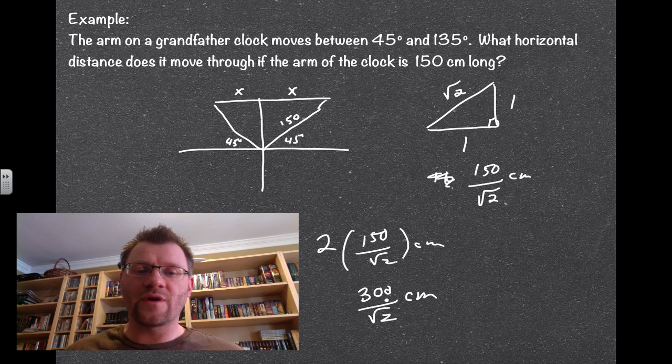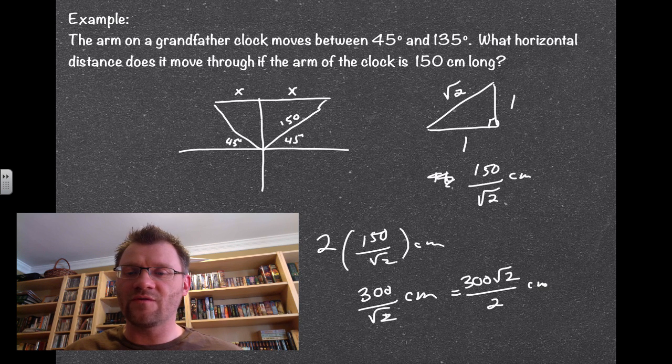Now, if they want the answer in exact form, we're good here, but we do need to have the roots out of the bottom, so I'm going to multiply the top and bottom by root 2, which gives me 300 root 2 over 2 centimeters, which is 150 root 2 centimeters long.